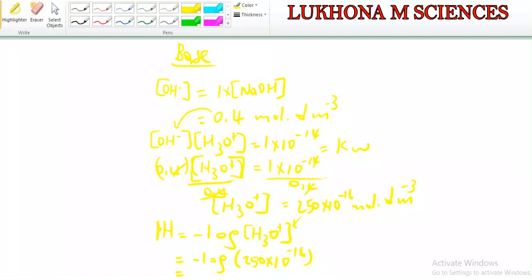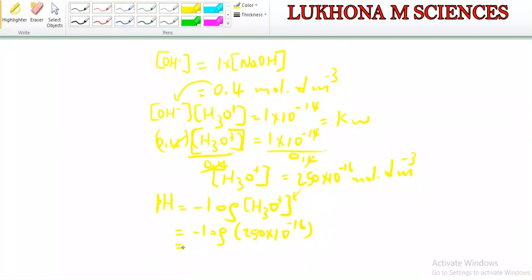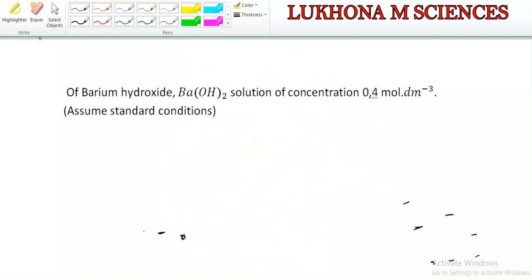The answer is 13.60. This is the pH for the base. We said it must be greater than 7, and indeed it is greater than 7. Then we are done with that question.